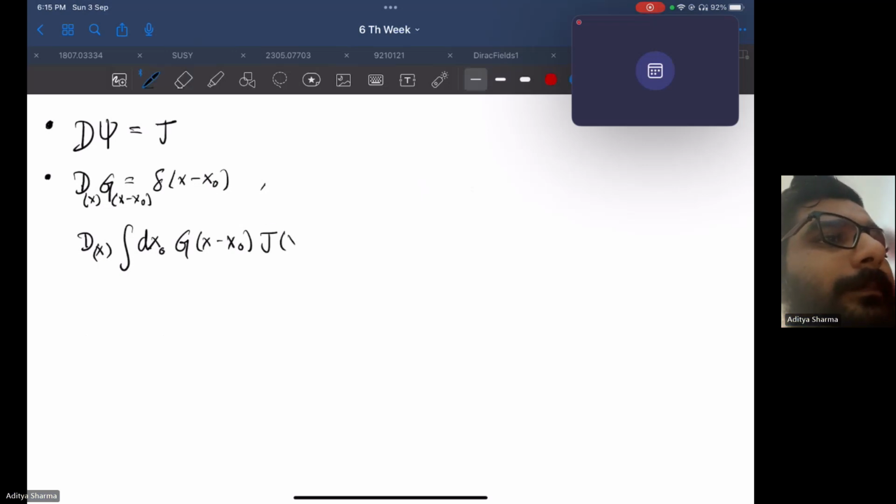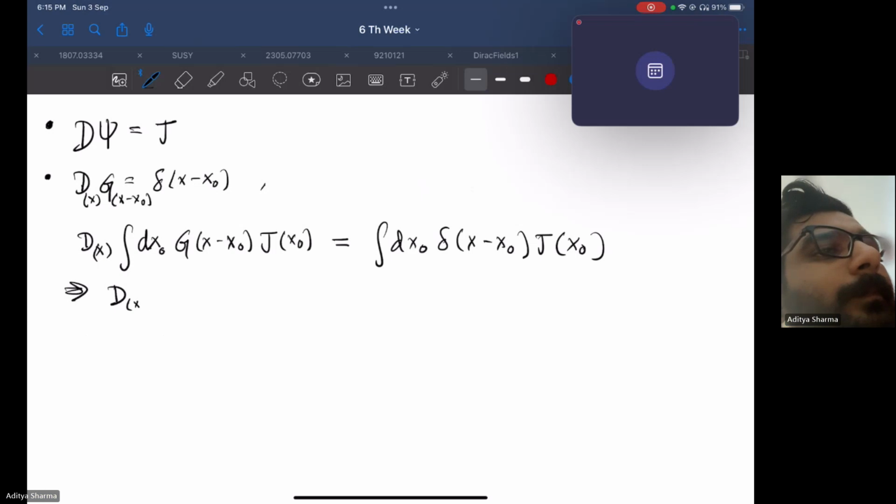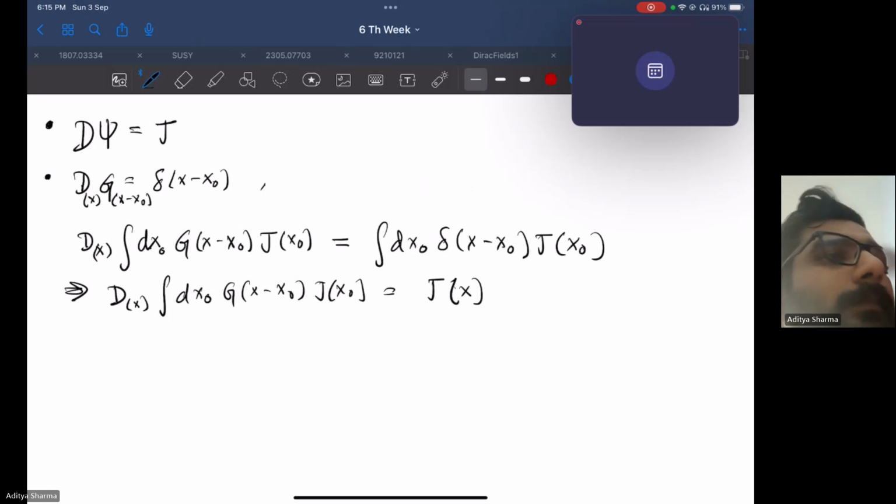The differential operator acting on this will imply this. Thus, from here, we say that this is nothing but phi.